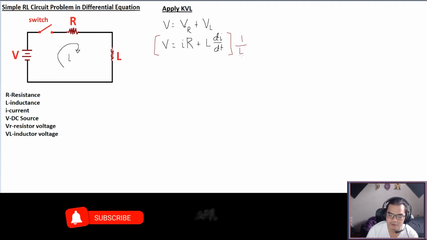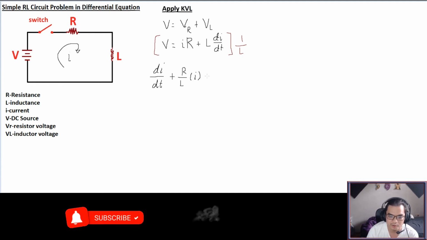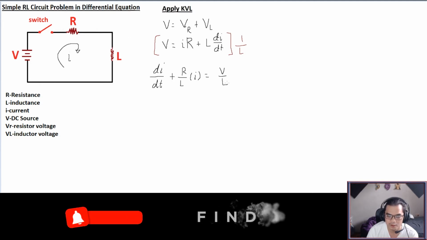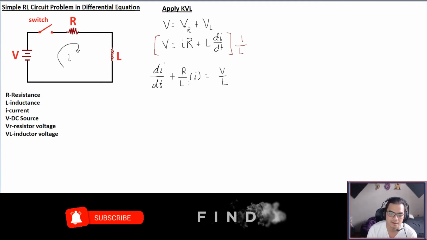So dividing everything by L, L is eliminated and you have di over dt plus, since I is our variable, R over L times I must be equal to V over L. As you can see, this is again a first order linear differential equation, linear in I. Therefore, we now have to find the IF, the integrating factor.